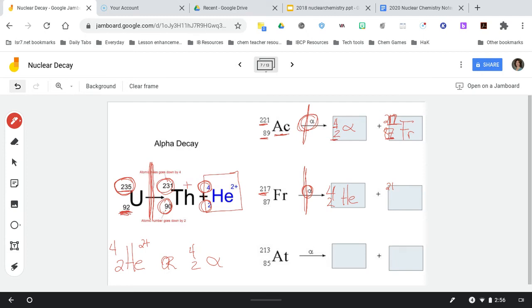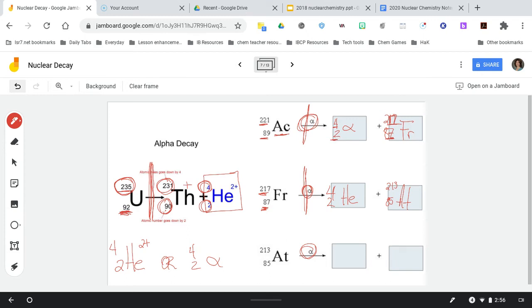What do I add to 4 to be 217? The answer is 213. And then on the bottom, the target is 87. 2 plus 85 is 87. Then I look up 85 as my new element, and I have astatine, which is the symbol At.